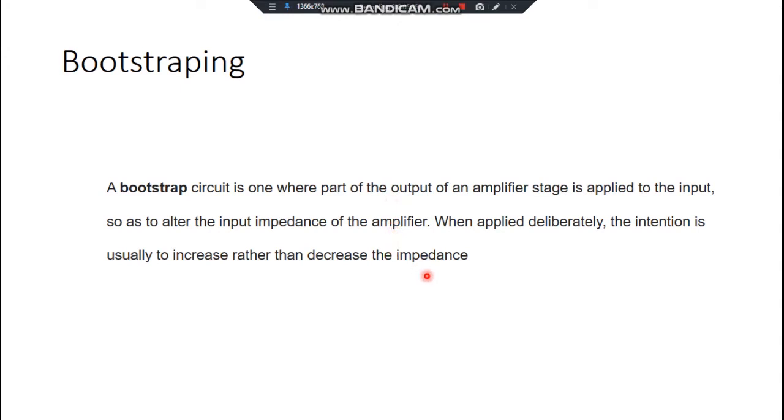So by bootstrapping, we achieve a further higher input impedance, and thereby we get sufficient current gain without losing stability of the circuit. So we will see with bootstrapping and without bootstrapping what happens to our circuit.